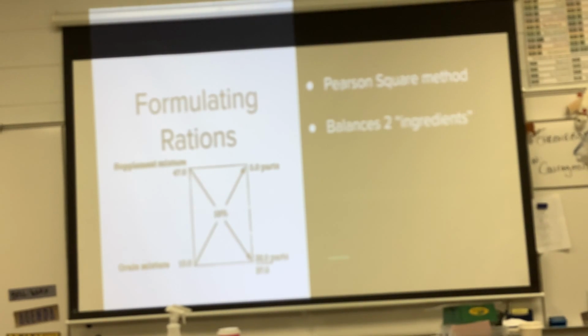But you can take any two ingredients. If I want to get extra fancy, I can. They have computer programs that can balance multiple ingredients at a time. Because I'm not just putting two different things in my food, right? If you look at your dog food or horse food, there's a lot of different ingredients in it. It's not just two different things. And we're able to use computer programs to figure that part out.